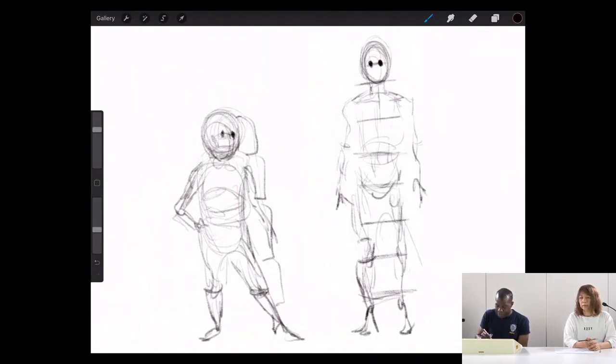So now I'm roughing this out so you guys can just get a basic idea. But these kinds of proportions are probably going to feel very familiar to you, because you see them a lot in animation.